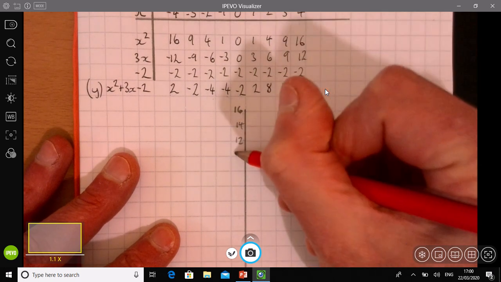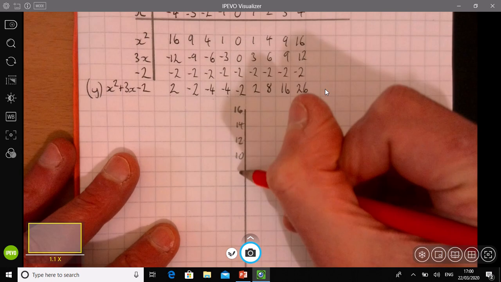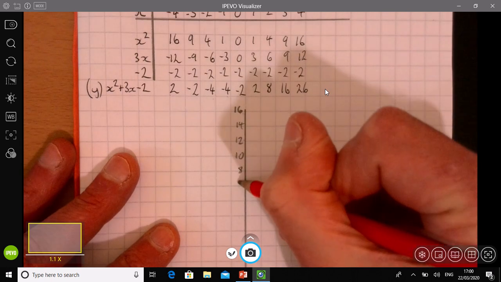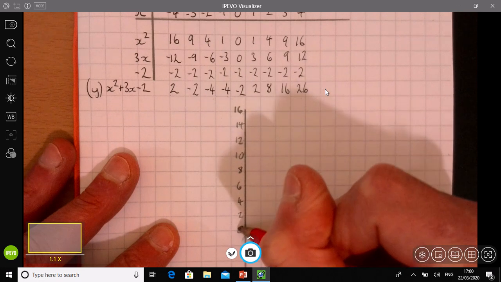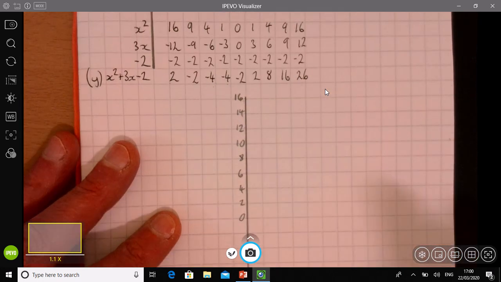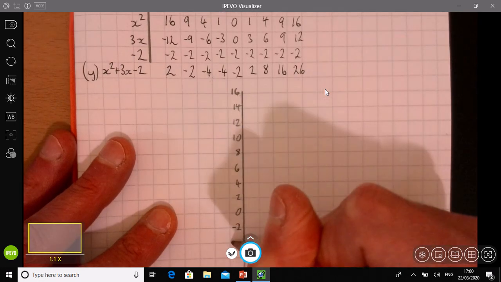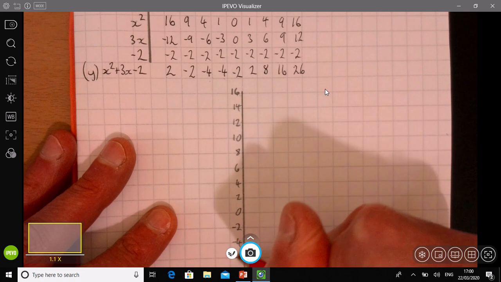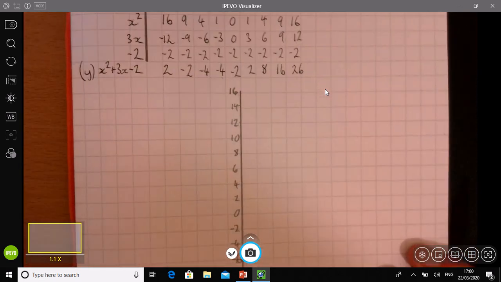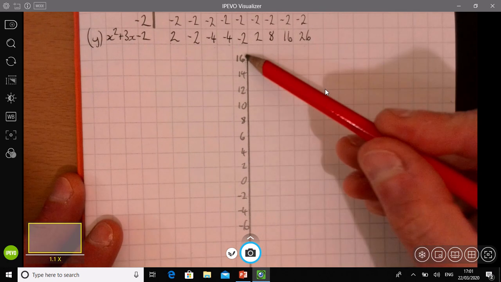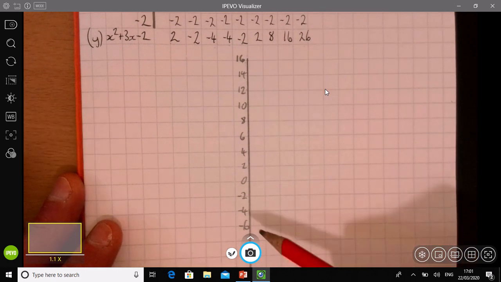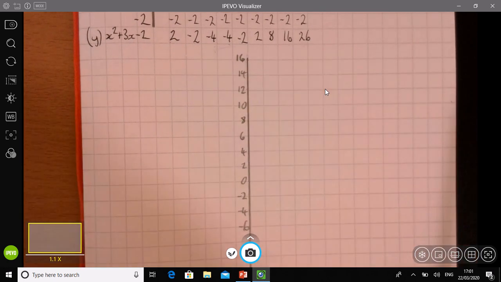So it's not ideal, but it will do, okay? So 8. So it's always better if you can maximize the space that you've got. And then what have we got? We've got -2, -4. I can go a little bit lower. Okay, I'm just making myself a little, just so you can see a little bit better there. Okay, so I could keep on going down, but there's no point because our lowest value was -4.